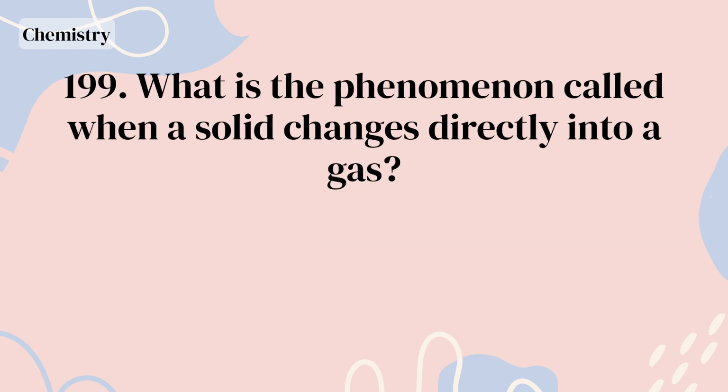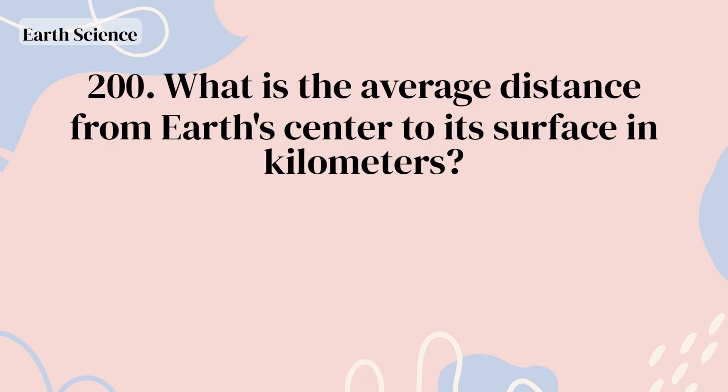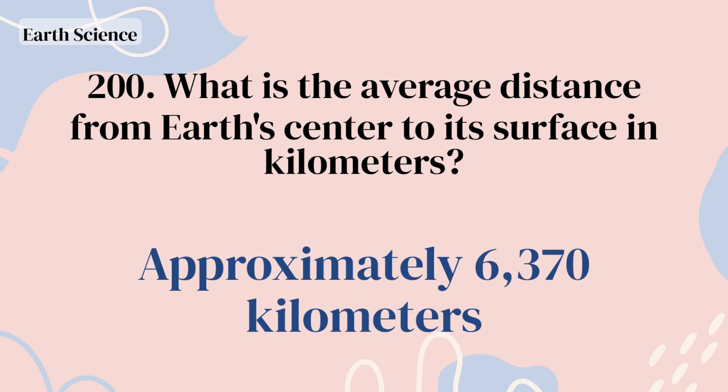Momentum. What is the phenomenon called when a solid changes directly into a gas? Sublimation. What is the average distance from Earth's center to its surface in kilometers? Approximately 6,370 kilometers.